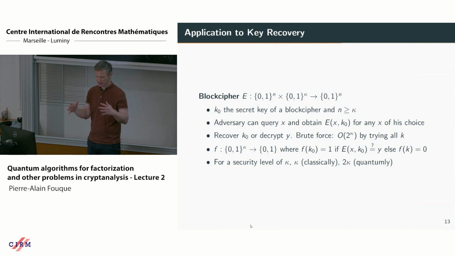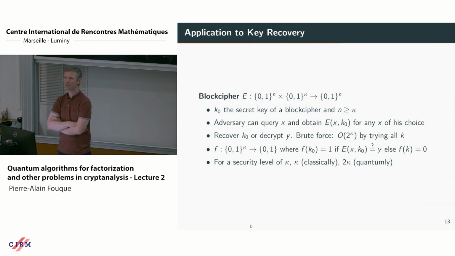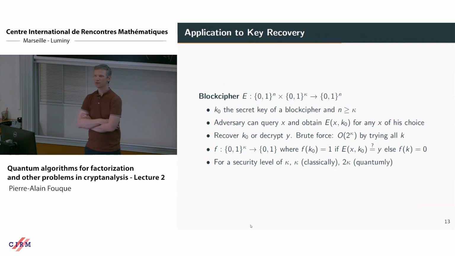Nowadays, we need about the same number of qubits to break an elliptic curve cryptosystem that uses only 256 bits as to break RSA with 2048 bits. So we don't gain too much by trying to break an elliptic curve cryptosystem.